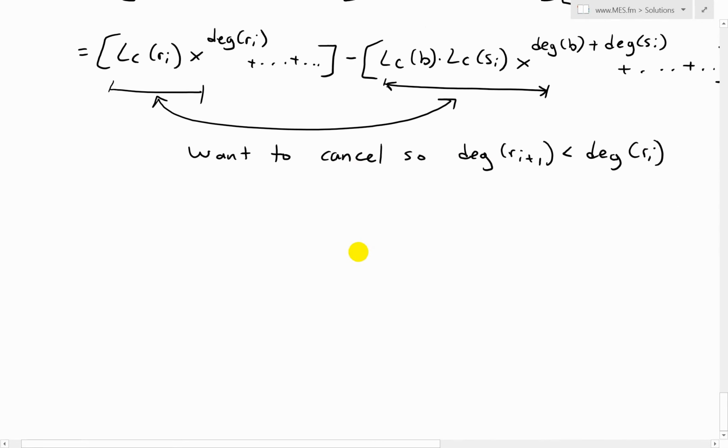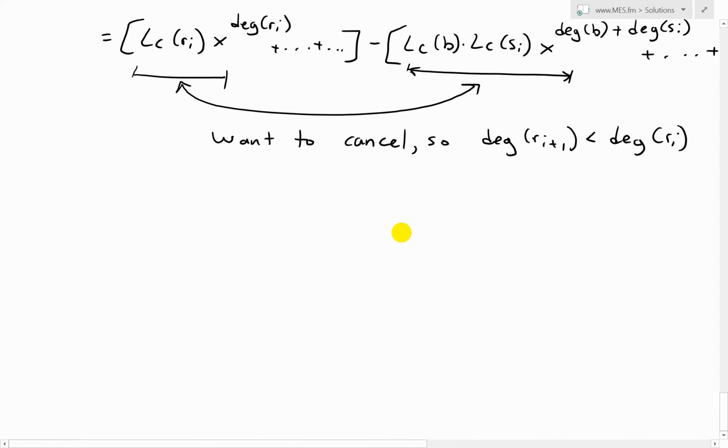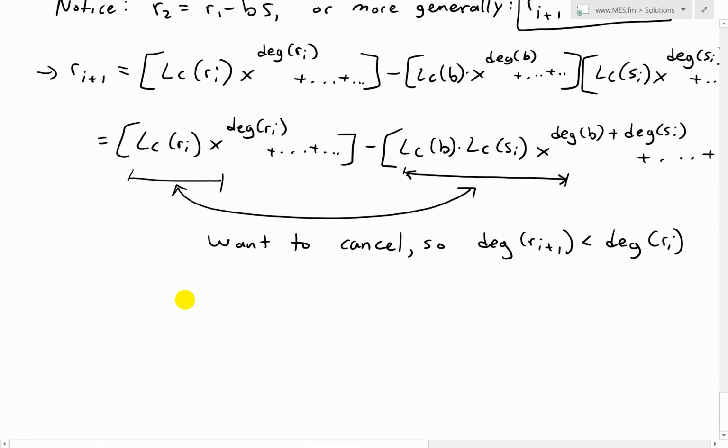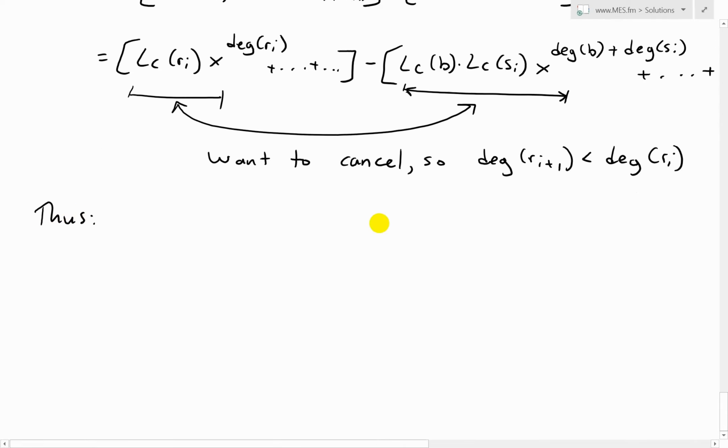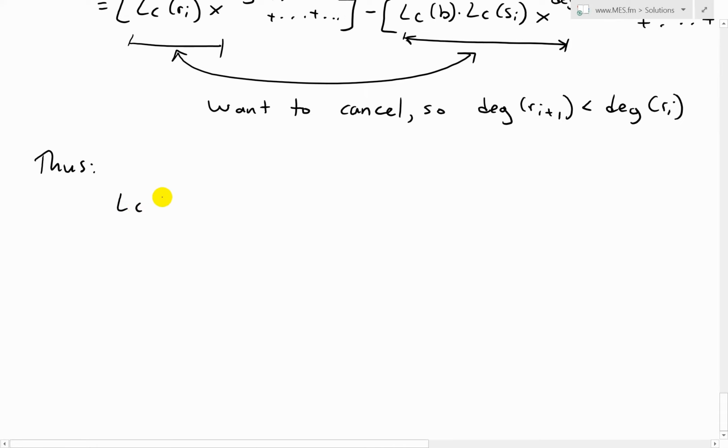Yeah, so we want them to cancel, and in order to do that, we'll just make them equal to each other. So this is RI plus 1. Thus, the only way it's possible, if they equal each other, that's the only way we're going to cancel. LC of RI, the leading coefficient of it, times x to the power of degree of RI, like this. Actually, we don't even need the plus plus because we just need to cancel these ones here. These ones just need to be equal to each other.